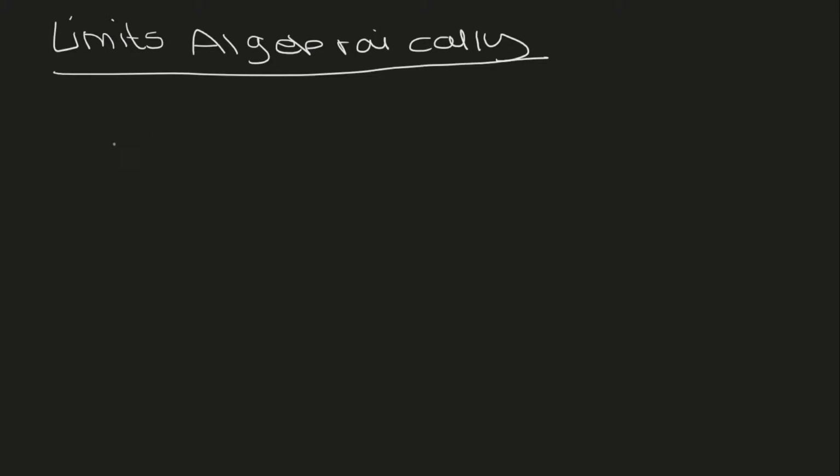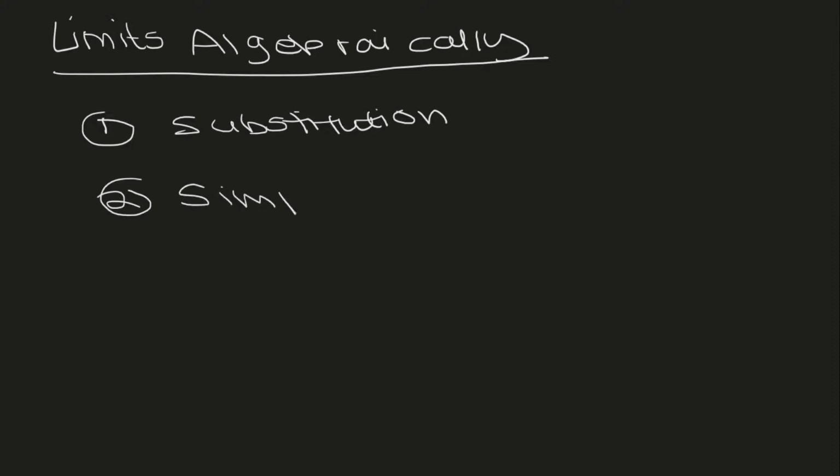All right, so a good way to do this is through three main steps. Step one, let's just list them out here: substitution. Step two, this is if substitution doesn't work, by the way: simplification.